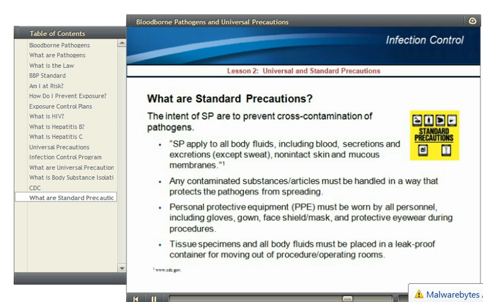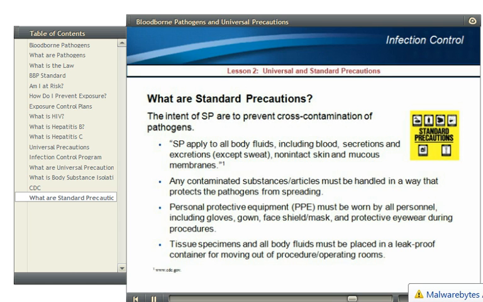What are standard precautions? The intent of SP is to prevent cross-contamination of pathogens. SP apply to all body fluids, including blood, secretions, and excretions, except sweat, non-intact skin, and mucous membranes. Any contaminated substances or articles must be handled in a way that protects the pathogens from spreading.